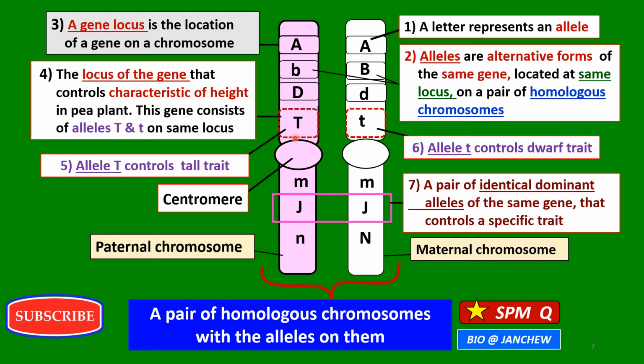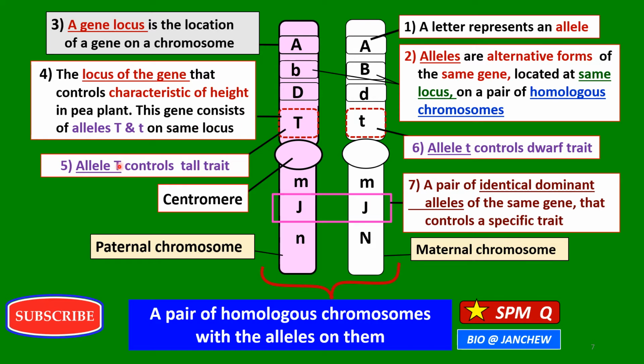And this gene consists of 2 alleles, allele big T and allele small t, and they are both found on the same locus. Maybe allele big T controls the tall stem trait in a plant, so a plant that has this allele will be tall.